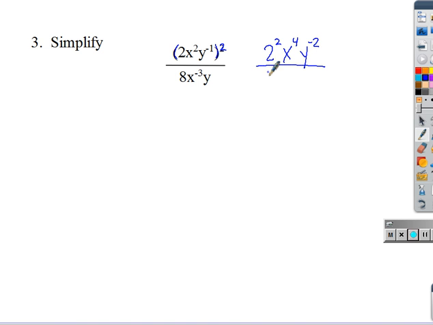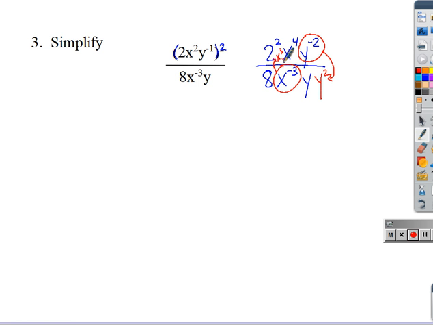Now I can bring my denominator back into the game here. And there's a few directions you could go right now, but typically I'll encourage you to take care of your negative exponents first, keeping in mind that a negative exponent will always be the reciprocal of what you have. Therefore, if it's a negative exponent on top, it simply moves to the bottom. If it's a negative exponent on the bottom, it simply moves to the top.